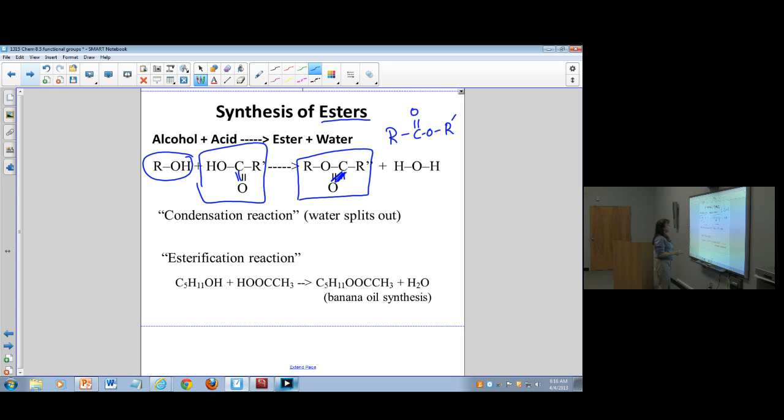All right, so when I'm doing a condensation reaction where I split out water, I don't really care if you know what the mechanism is, but I end up getting this kind of a structure. And then, in this case, split out water.